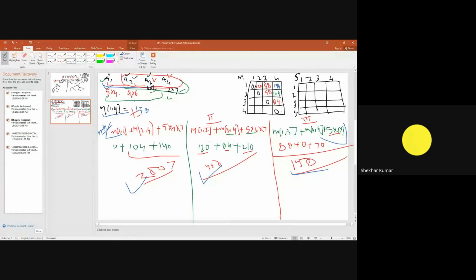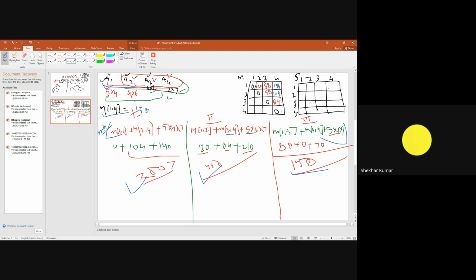Then I have calculated the cost of multiplication of two matrices, that is written here. Then I have calculated the cost by multiplying three matrices. At the end, I have calculated the overall cost of multiplying all the four matrices, and that is your 158. So I have calculated the optimal solution with the help of this.